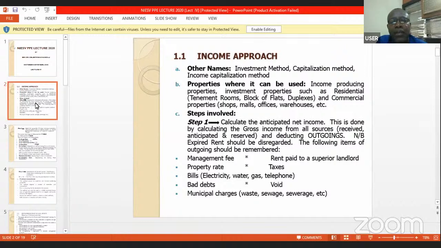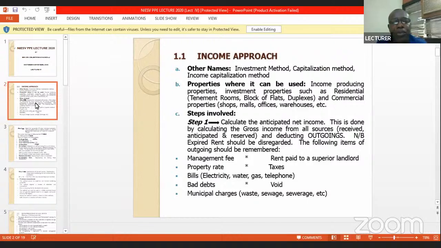If you remember in our last lecture, I said I will take the methods of valuation under 4 headings: the names they are called in different textbooks, the types of properties where they can be used, the steps involved in the method, and the problems you are likely to encounter.